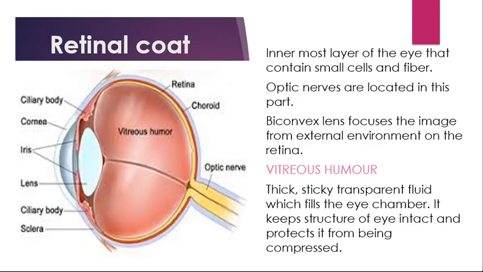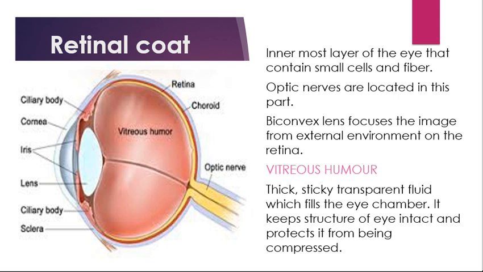Next is the retinal coat. This is the innermost layer of the eye that contains small cells and fibers. We know that a little excess of the light which enters the eye can damage the eye.